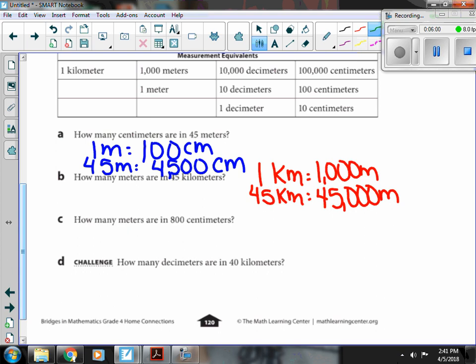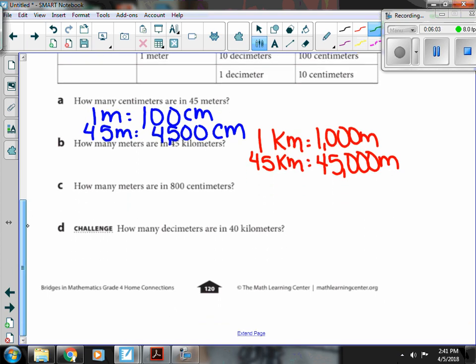Number C, how many meters are in 800 centimeters? Well, in 1 meter, there is 100 centimeters. So 800 centimeters, I can divide that by 100, and I get 8 meters.